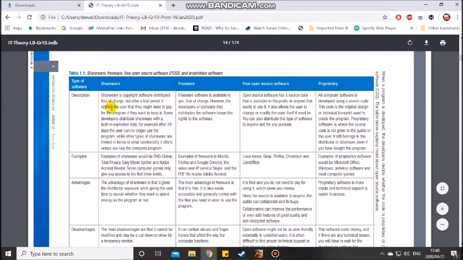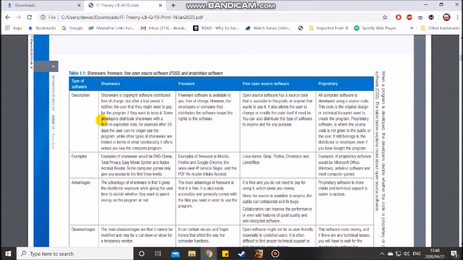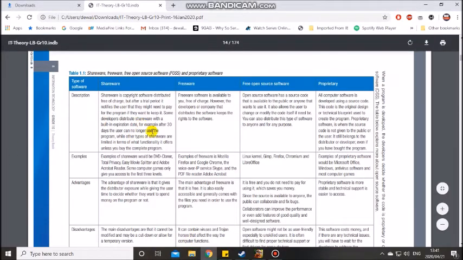Shareware is basically when copyrighted software is distributed for free, but it contains a trial period. Normally if it's a game, you only get the first 2 levels, or if it's a program, you only have 5 days free, and then you have to buy the program thereafter. So it's basically a time trial type of function.